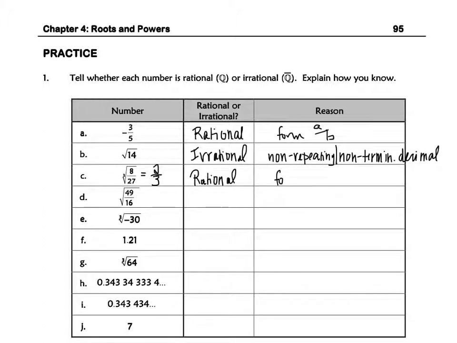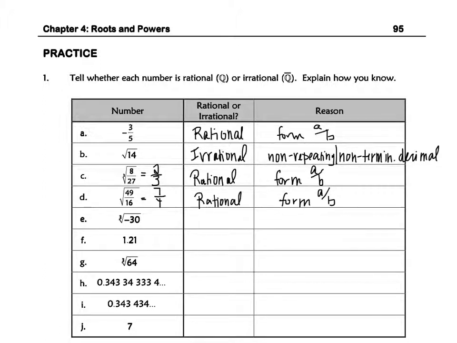And again, it's the form of a rational number, a over b, where a and b are integers. And this square root of 49/16 would be the square root of 49, which is 7, over the square root of 16, which would be 4. And again, that would be a rational number, because it has the form of a over b, where a and b are integers.